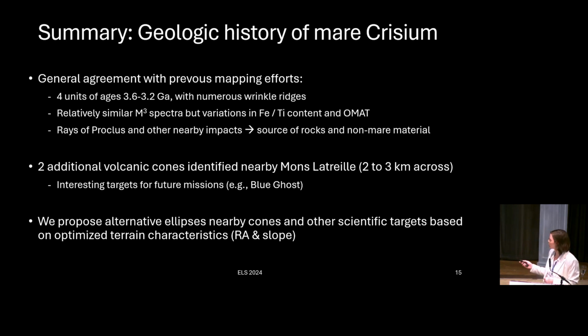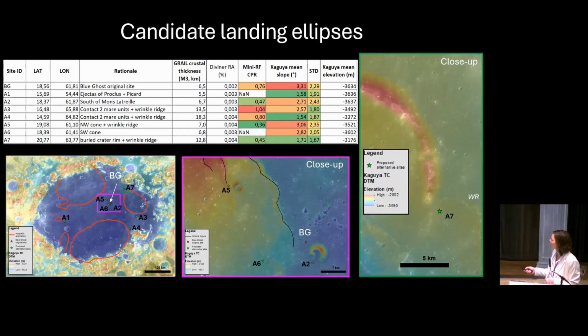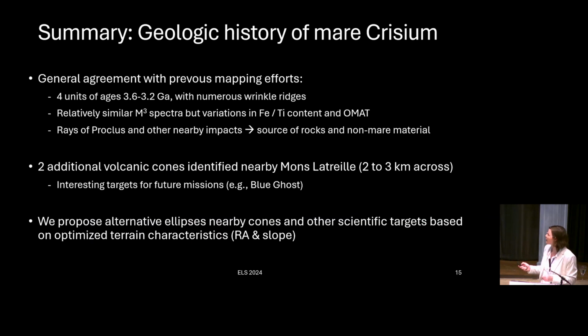The rays of Proclus crater, which I didn't show you, are all over the surface, and they would provide rocks from non-Mare material, which would be very exciting science-wise to analyze. And then we found two additional volcanic cones that would be really interesting to go and visit. They are 2 and 3 kilometers across, so it's a nice size.